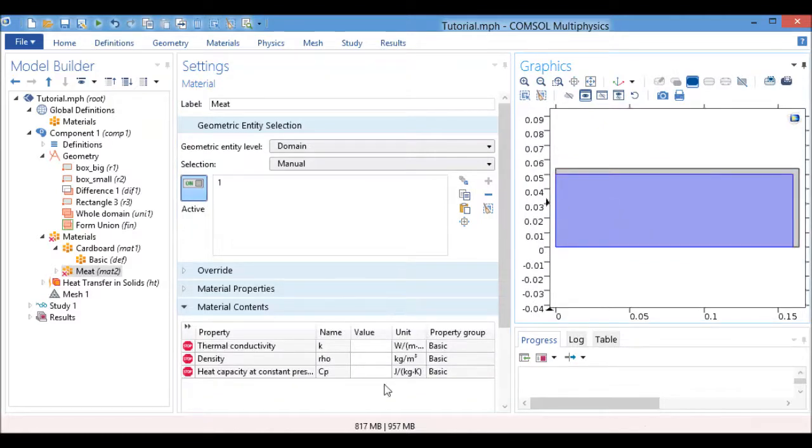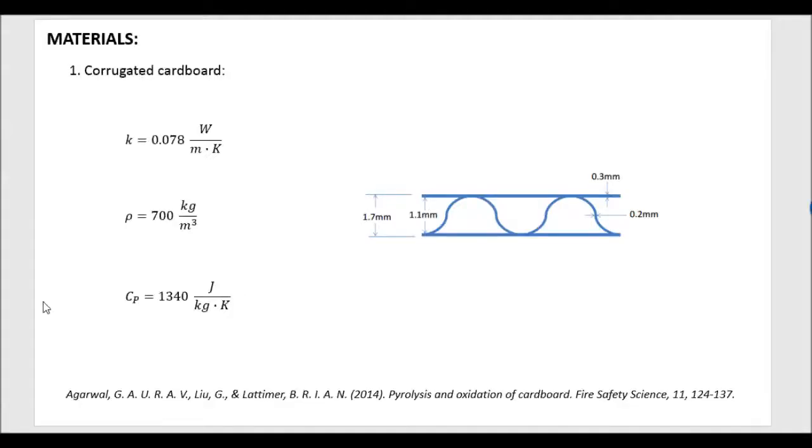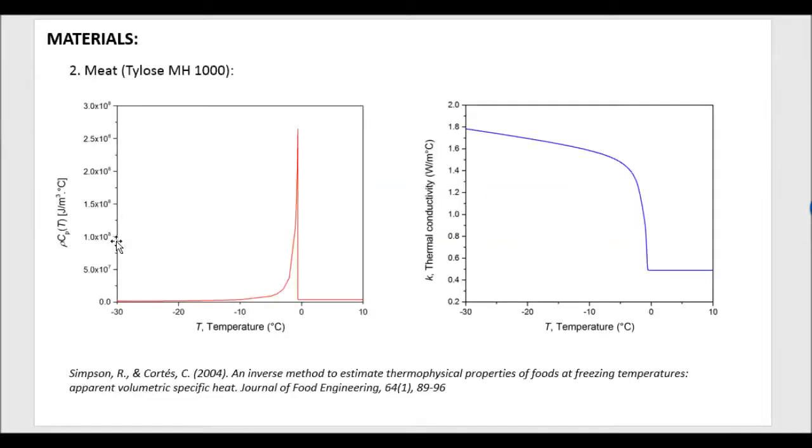these three values. So according to the literature, these are the thermal properties of meat. Well, basically we will not use the properties of meat, we will use the properties of Tylus MH1000, which are the same as the meat. And here is a very good study about that.